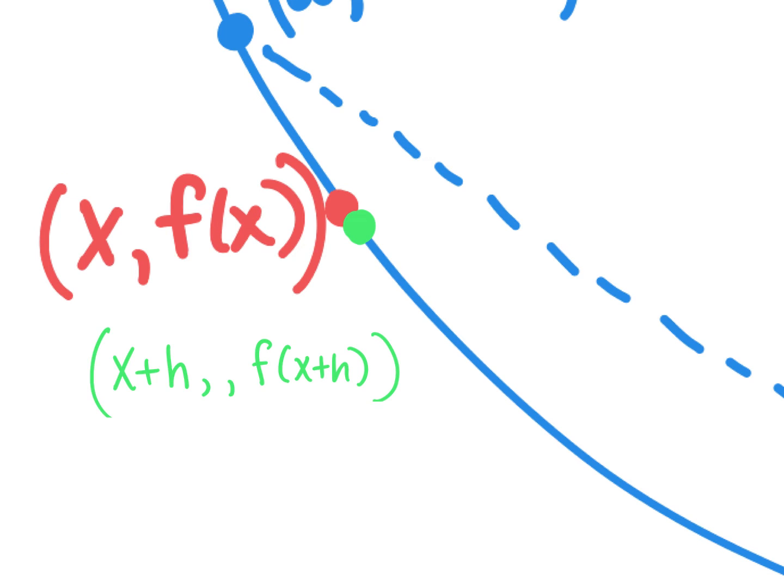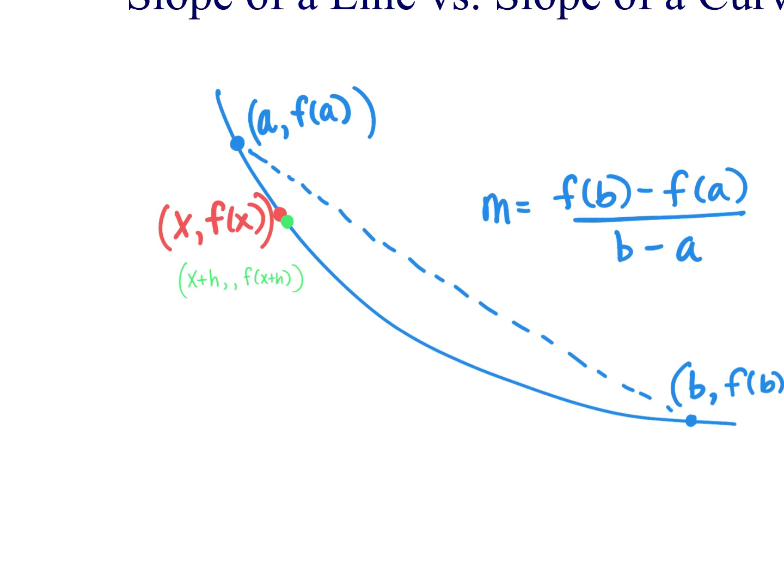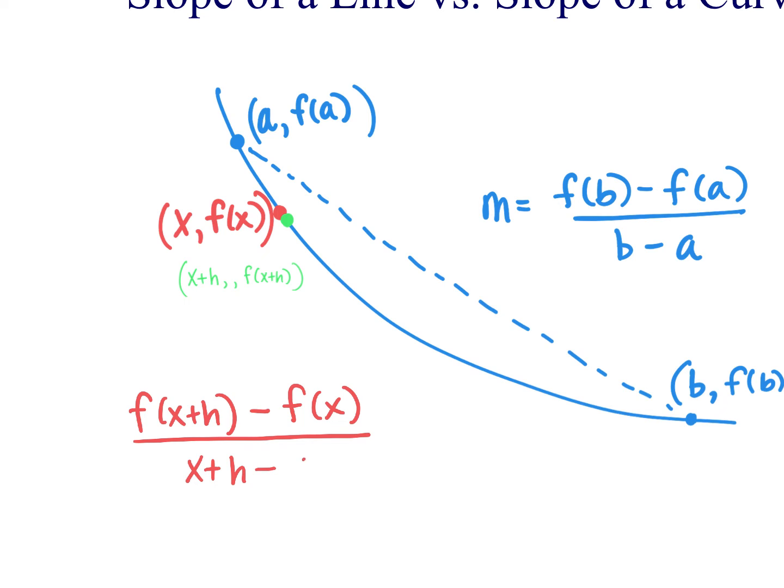And what would the slope that connected those two things, how would we define that? f of x plus h, that's y2, minus f of x, which is y1, over, well, you're jumping the gun here a little bit, over x2 minus x1.